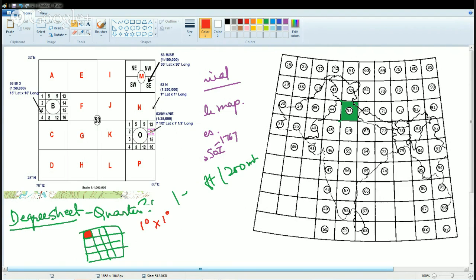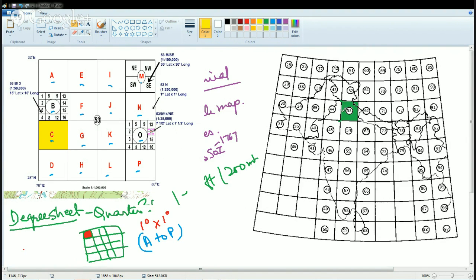As you can see here, in the degree sheet I can classify it as A, B, C, D, E, F, G, H, I, J, K, L, M, N, O, and P. So I am naming it from A to P. If I say 53C, for example, that means I am talking about this section of the region.